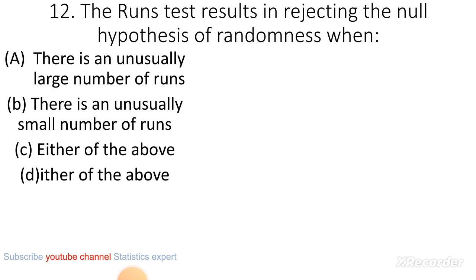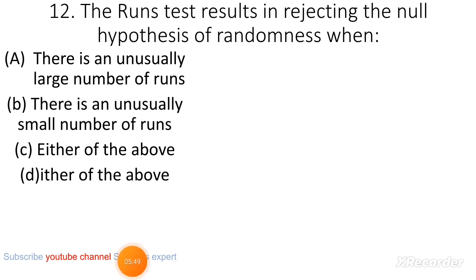Next question: the runs test results in rejecting the null hypothesis of randomness when A, there is an unusually large number of runs; B, there is an unusually small number of runs; C, either of the above. So we know there is an unusually large number of runs, or an unusually small number of runs.